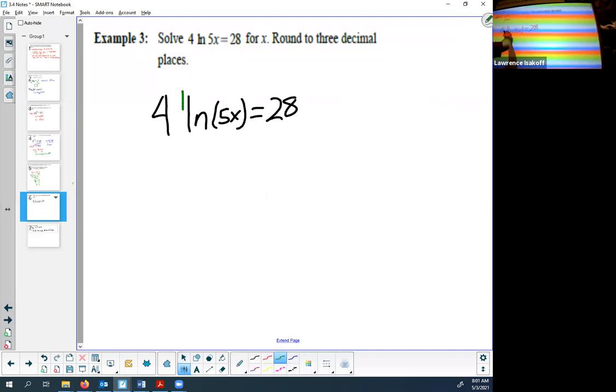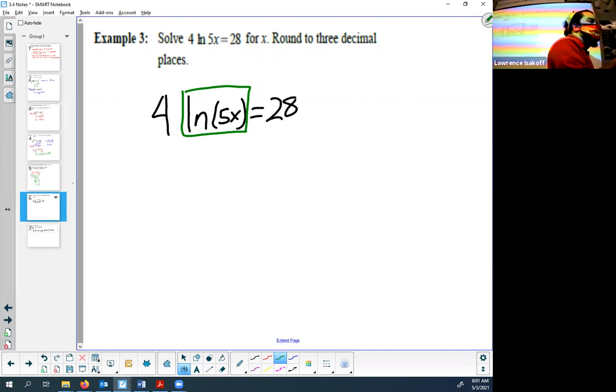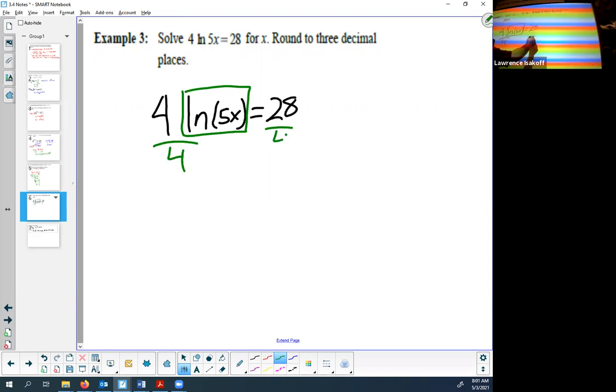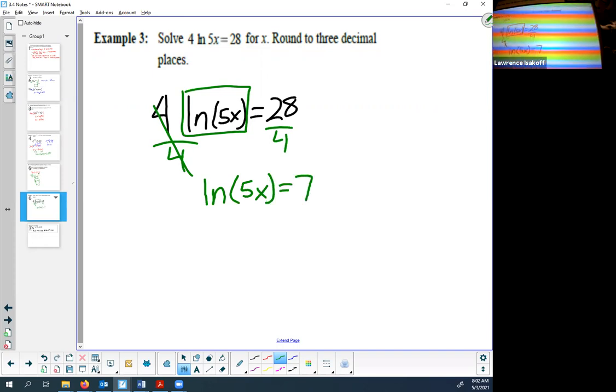So I'm going to pretend that this is like a giant X. That's what I want to isolate. If I said 4x equals 28, how do I get rid of the 4 in front? Yep, divide it by 4 and we get 7. So the natural log of 5x equals 7.